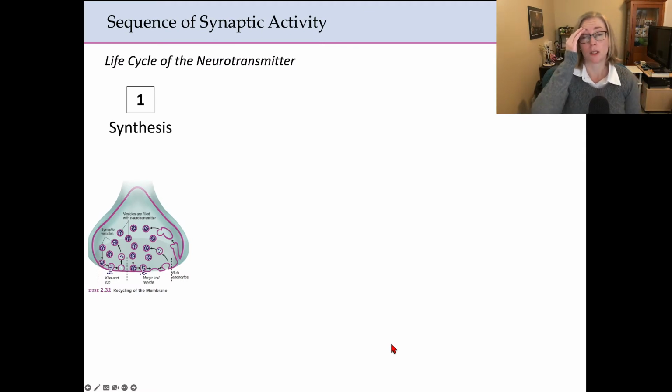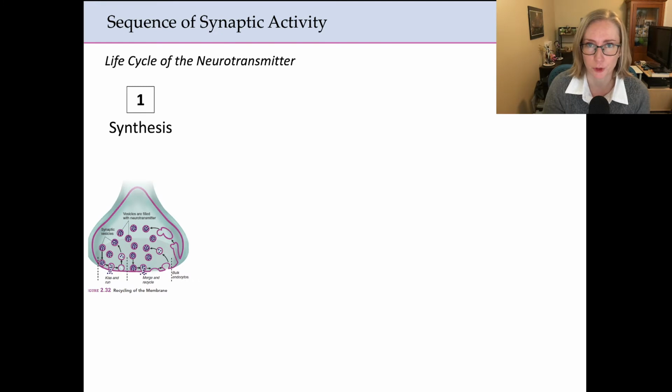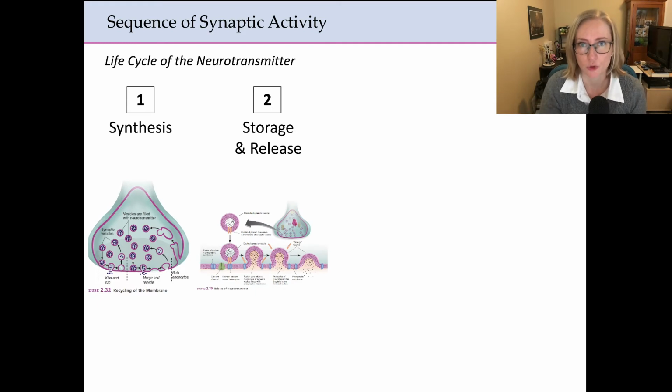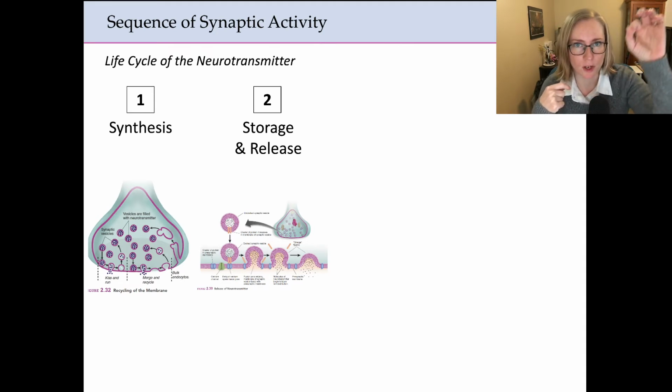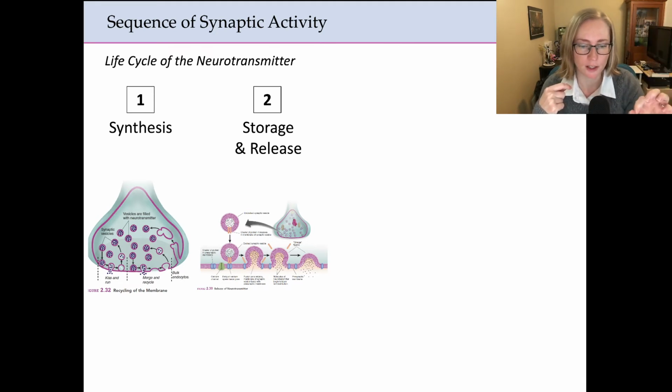Okay, so I had mentioned this in class, the life cycle of a neurotransmitter, right? It first has to be synthesized, then it gets stored into vesicles, the little bubbles. I noticed on the homework for the brain coloring book, when I asked you to color in the vesicle, you colored in the vesicle, but not at the very terminal button where the neurotransmitters are stored.